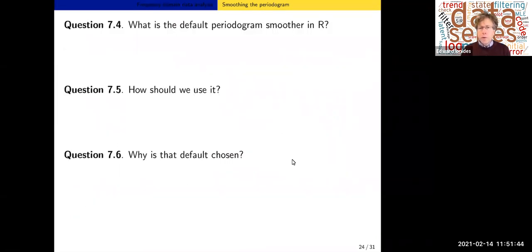So we probably want to know a little bit about what that mysterious spans argument was for the default periodogram smoother in R. Well, what can we say?